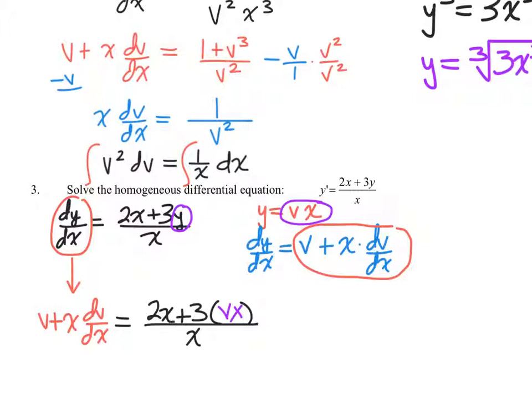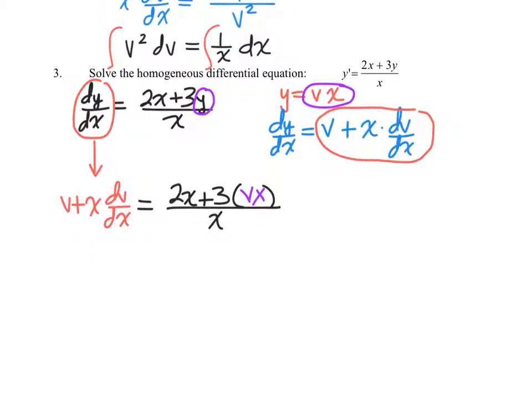All right, so if you clean it up, you can see that we have a common x everywhere on the right-hand side. So kill it. So 2 plus 3v equals v plus x dv/dx. Subtract off the v.